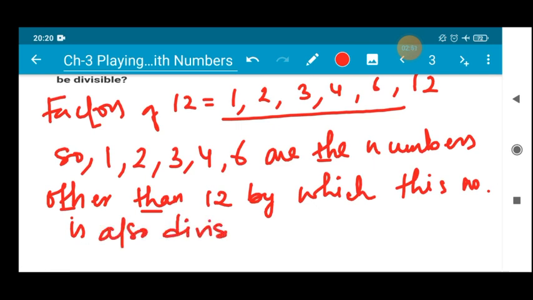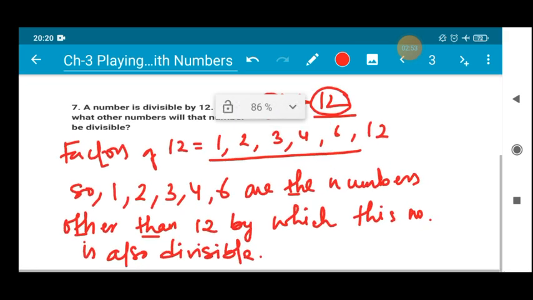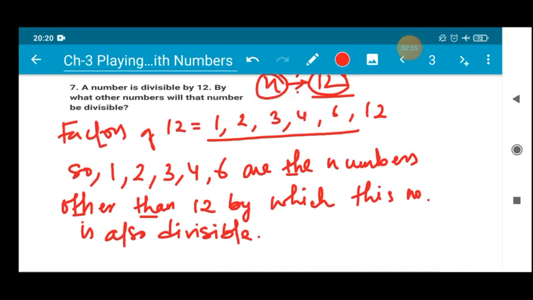We have to find the other numbers which can divide that number. Of course the factors of 12 are 1, 2, 3, 4, 6, 12. So besides 12, the other numbers are 1, 2, 3, 4, 6 which can divide that number.